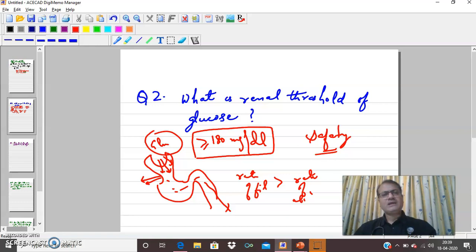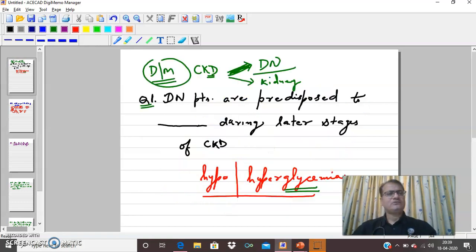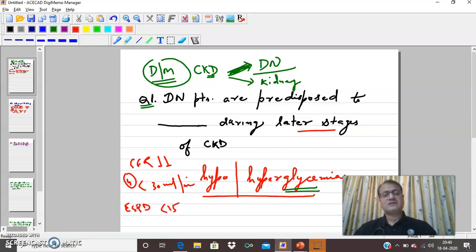So going by this logic, you will think that in diabetic nephropathy patients during later stages of CKD, when the GFR has drastically gone down, say the patient is now in stage 4 CKD, which we all understand means a GFR below 30 ml per minute, or say he is in end stage renal disease, defined as less than 15 ml per minute, whatever the case, the GFR has drastically fallen.